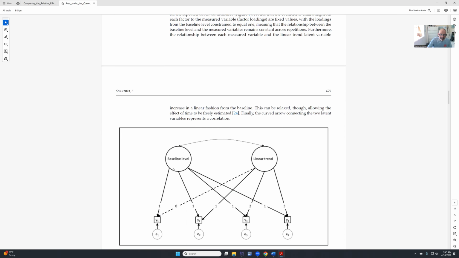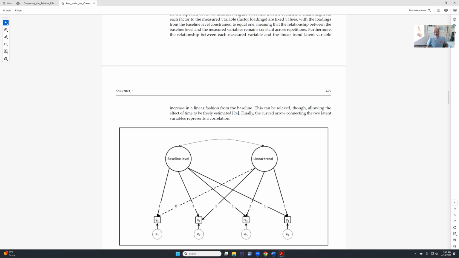But we have a baseline value for the intercept here, and the relation between this baseline level and the different time points remains constant. It's always one because it's baseline. Baseline doesn't change. However, the linear trend will change in a linear growth fashion. So you got 0, 1, 2, 3.